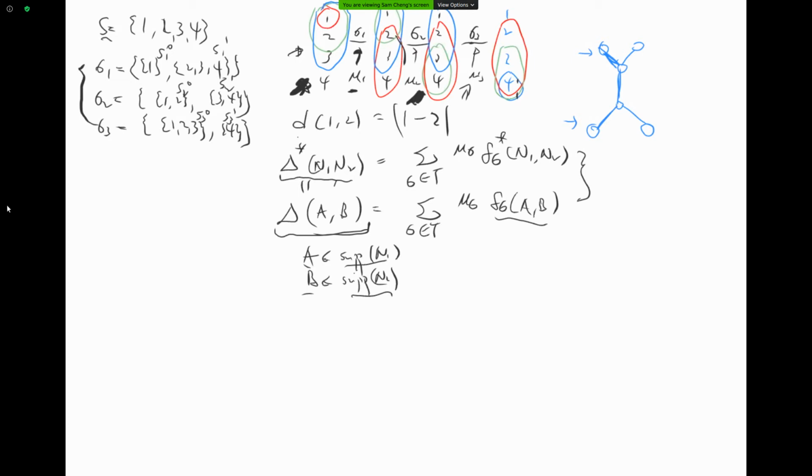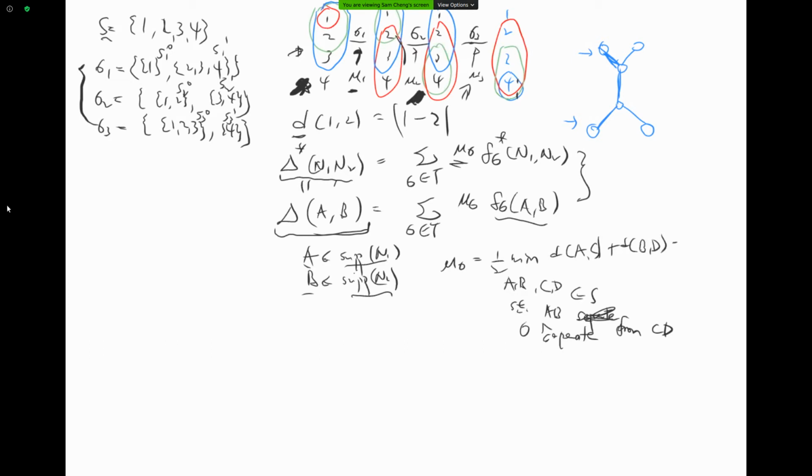We also talked about last time how we try to induce the mu sigma from D here, and a natural way to do that, as proposed by Professor Buneman, is to have mu sigma as one half of the minimum, picking any A, B, C, D in S such that sigma separates A, B from C, D, of D(A,C) plus D(B,D) minus D(A,B) minus D(C,D).